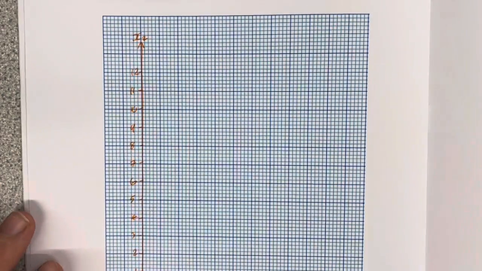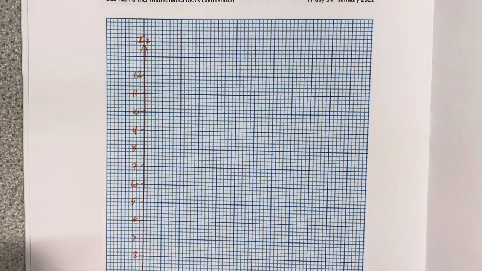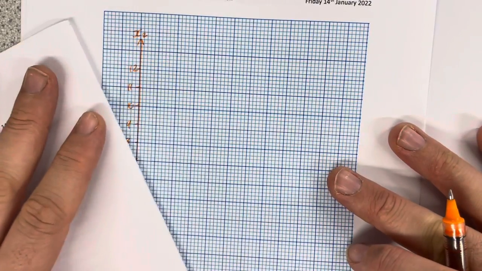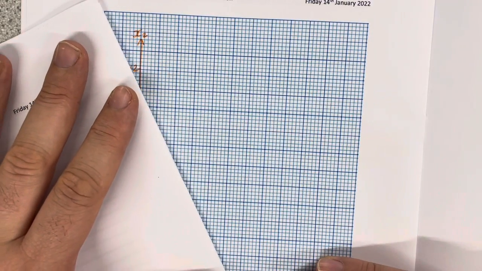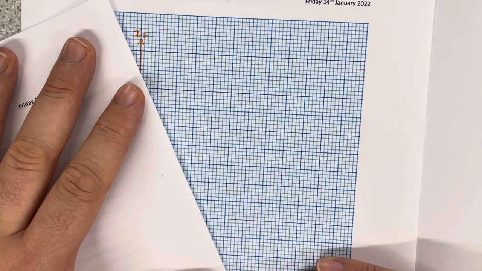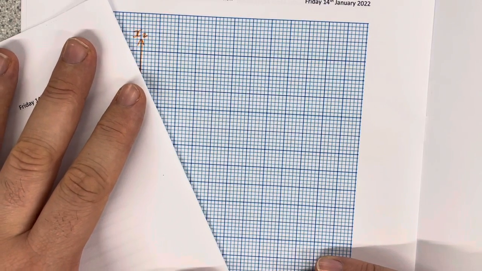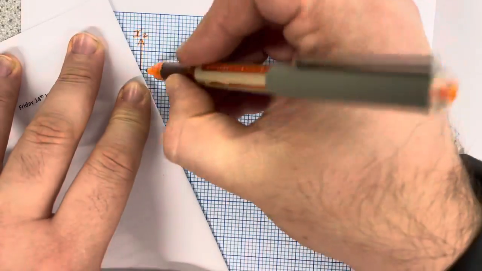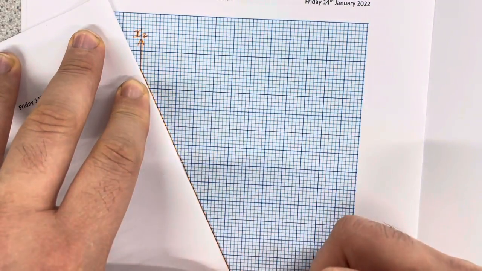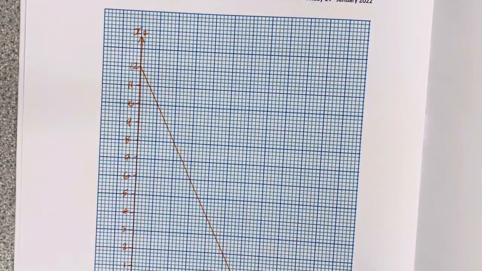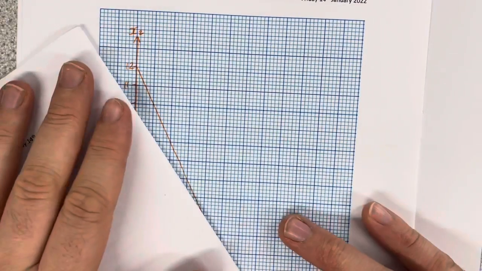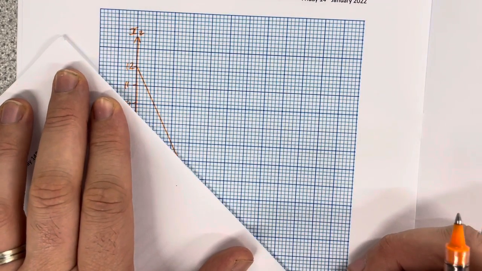Okay, right. So I need to go from 12 to 12. Let me use this as my ruler. So 12 to 12. If you have an actual ruler, it might look a bit better. Just bear that in mind. There we go. 12 to 12. 10 to 20. So 10 on my vertical to 20 on my horizontal.